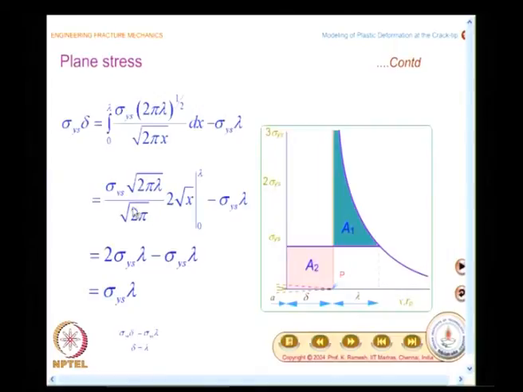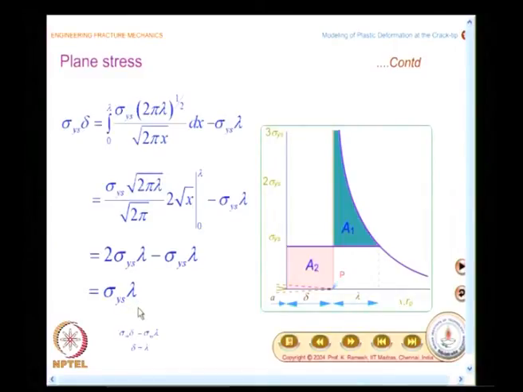When you integrate this, you get sigma ys square root of 2 pi lambda divided by square root of 2 pi multiplied by 2 times root of x in the limits 0 to lambda. So, on substitution of these limits and on simplification, you get 2 sigma ys lambda, and we already have sigma ys lambda present here. So, on subtraction, you get sigma ys delta equal to sigma ys lambda.